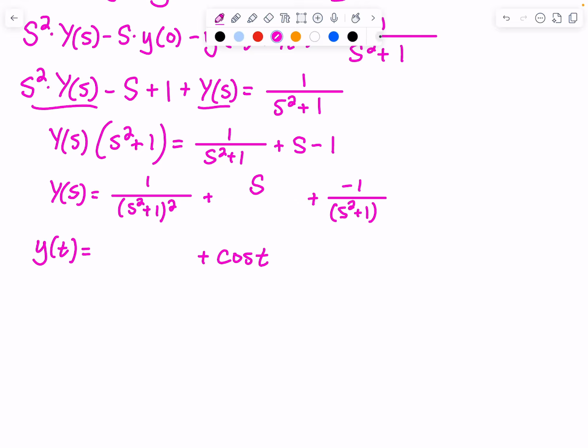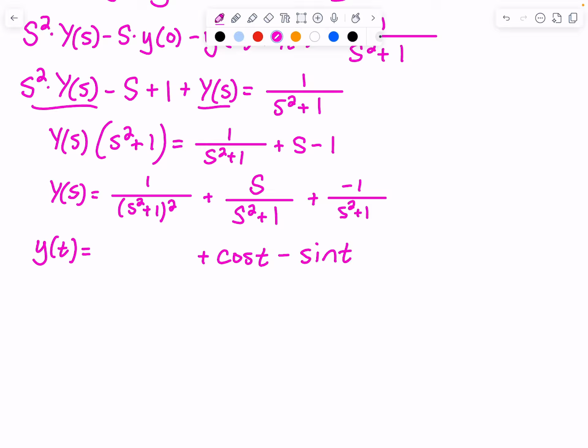Let me just rewrite that. I'm going to make my eraser a little smaller so I'll quit doing that. Okay, and then I got minus, because I'm going to take the negative, and you can see here that's that same thing, but I have a 1, not an s, and 1 is the 1 squared on bottom, so I'm going to have a sine of t.